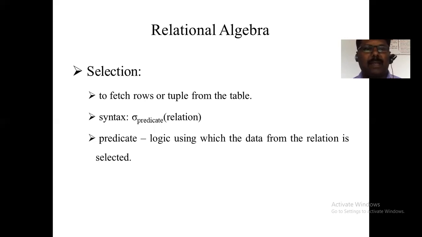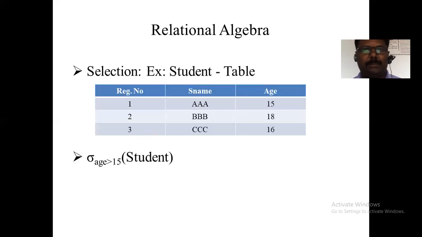Here is the syntax: sigma denotes the selection operation. The predicate denotes the condition we are going to apply to the table, and the relation is nothing but the table name. The predicate denotes the logic using which data from the relation is selected.